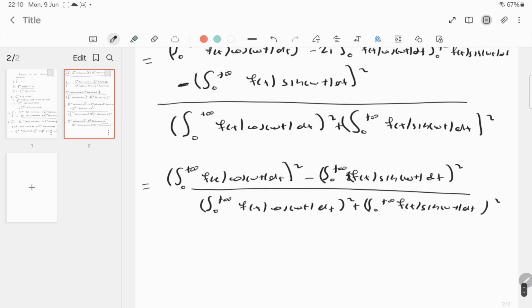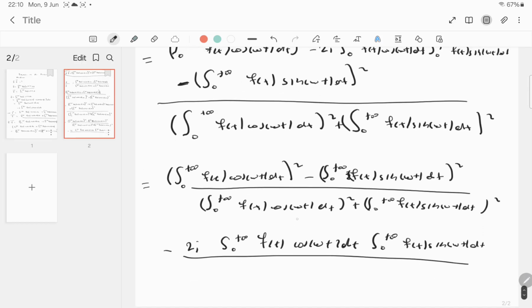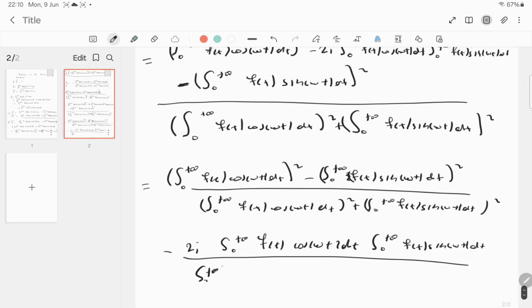And now I need to write the imaginary part: minus 2i times the integral from 0 to infinity of f of t cos omega t dt times the integral from 0 to infinity of f of t sine omega t dt, and the denominator stays the same.